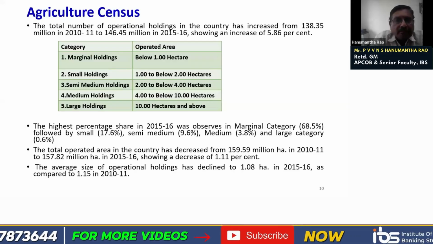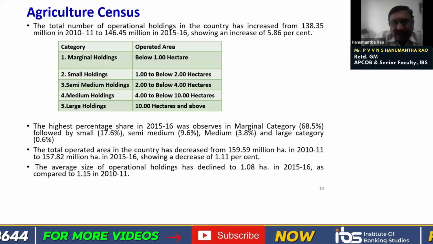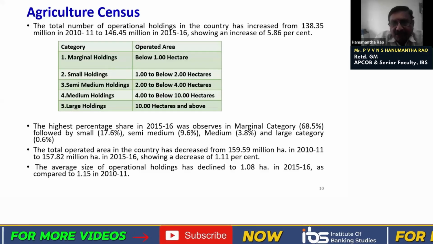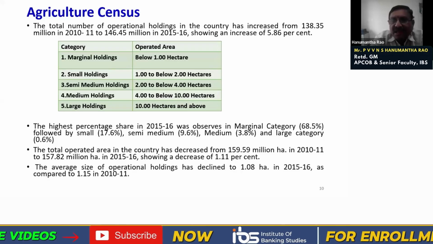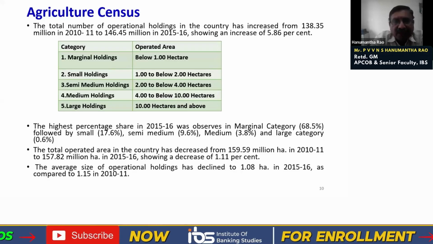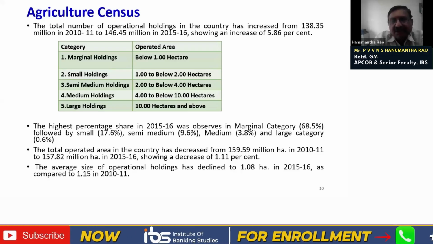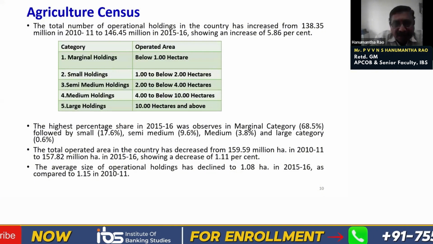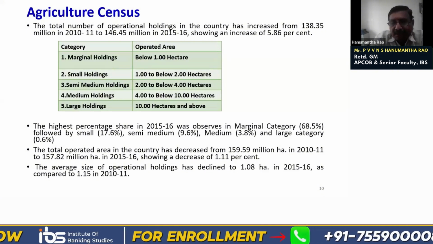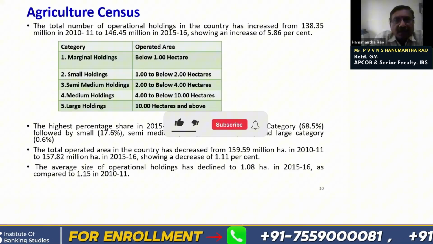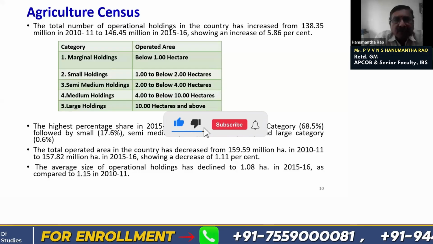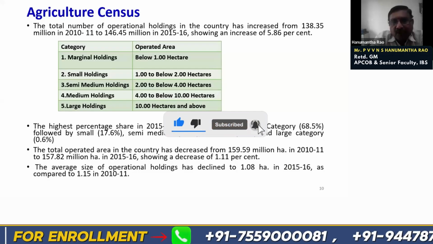So here, the highest percentage share in 2015-16 was observed in the marginal category, 68.5%, followed by small, 17.6%, semi-medium, 9.6%, medium, 3.8%, and large category, 0.6%. So here, we are having 146.45 million land holdings.